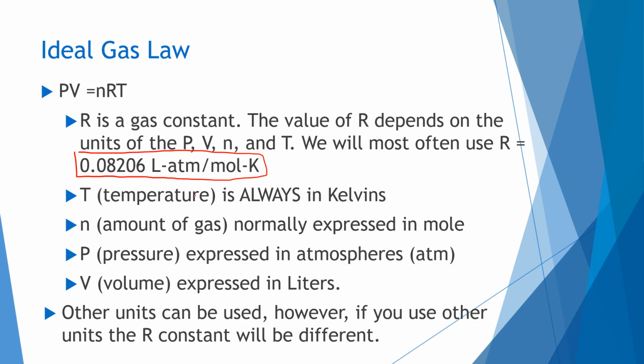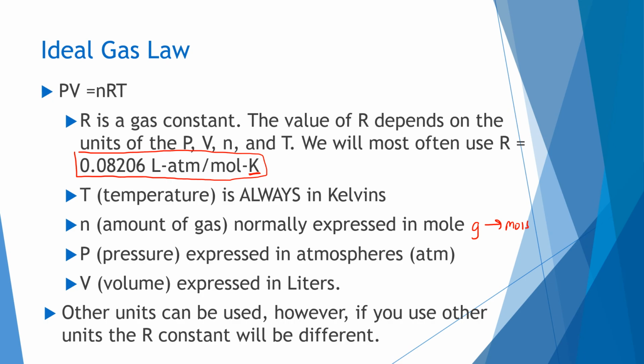Because of this, temperature should always be in Kelvin. Your amount of gas should be in moles. So that means if it's in grams, we must change it to moles, again, using molar mass. Our pressure should be in atm. So that means if it's in torr or pascals, we must do what we've done in the first lesson and convert that. And then our volume must be in liters.